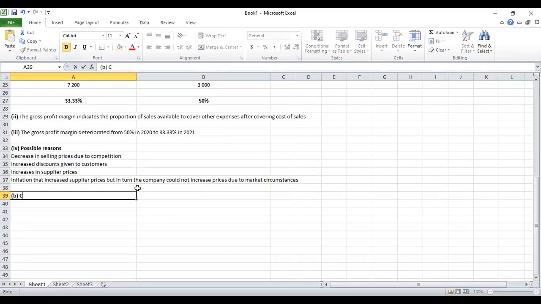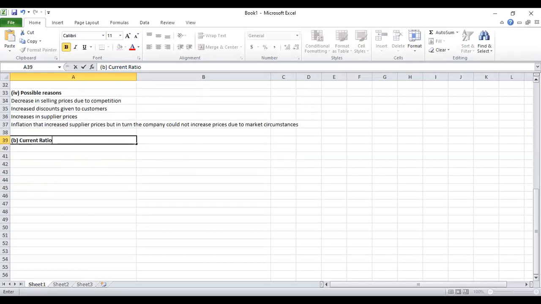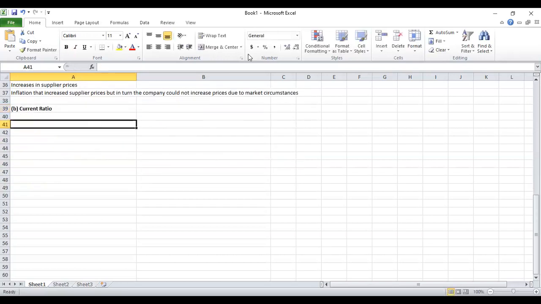The current ratio measures the ability of the entity to pay its short-term debts using its short-term resources. So it's actually the ability of the entity to meet its short-term debts using its short-term resources.